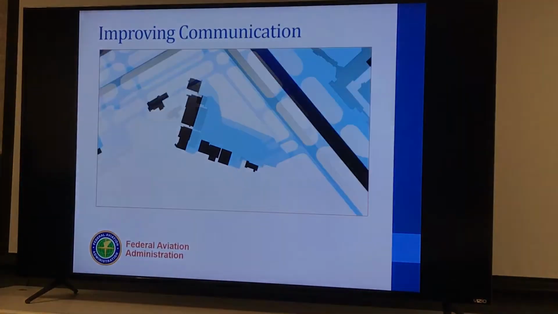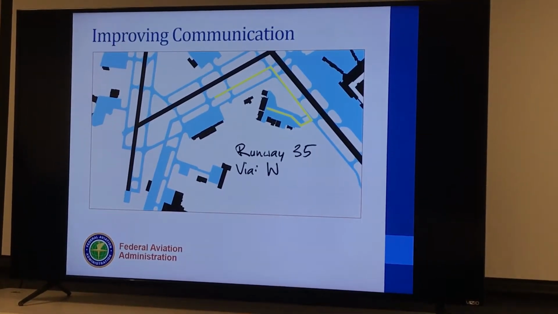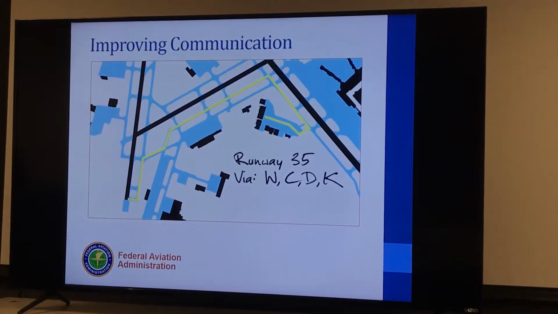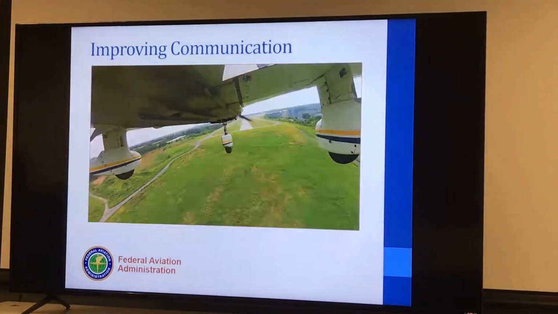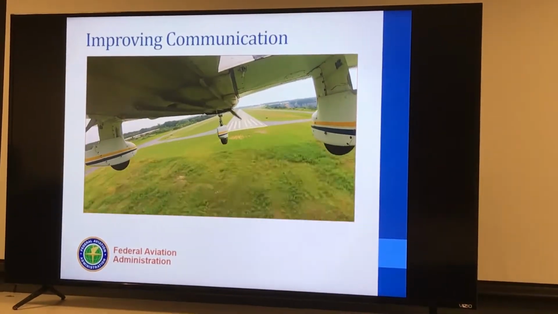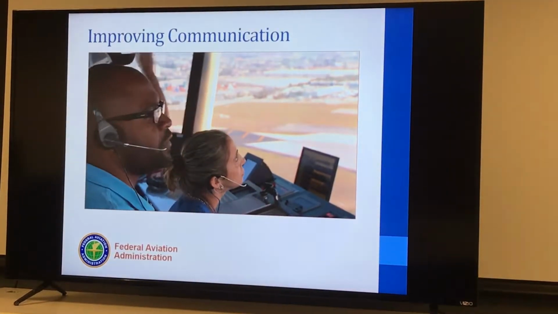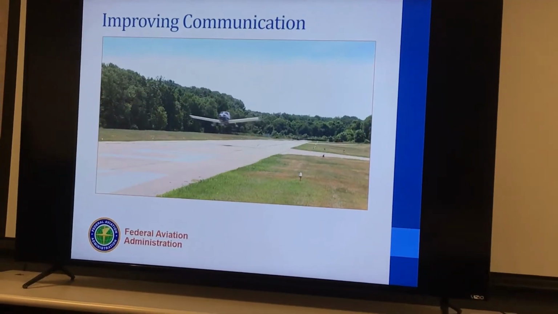Next, once you receive taxi instructions, write them down or highlight them on airport diagrams in your electronic flight bag. Also, reading them out loud to yourself helps commit it to memory. This will keep you from forgetting or misinterpreting the instructions. Lastly, listen to the taxi instructions carefully to avoid taking a clearance or instruction intended for someone else.